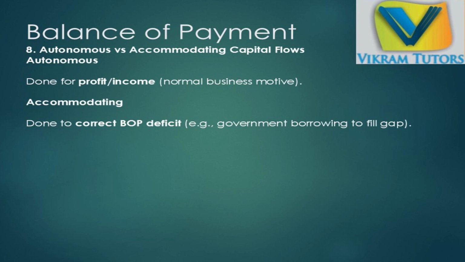In contrast, accommodating capital flows arise specifically to offset imbalances in the balance of payments. Their primary role is to bridge gaps, such as when a country borrows funds or draws down reserves to finance a current account deficit. By distinguishing between these two types, we gain insight into whether capital movements are motivated by market forces or by the necessity to maintain equilibrium within the balance of payments.